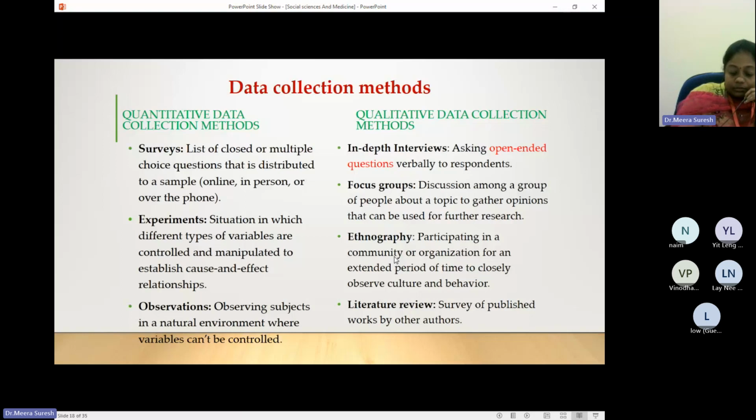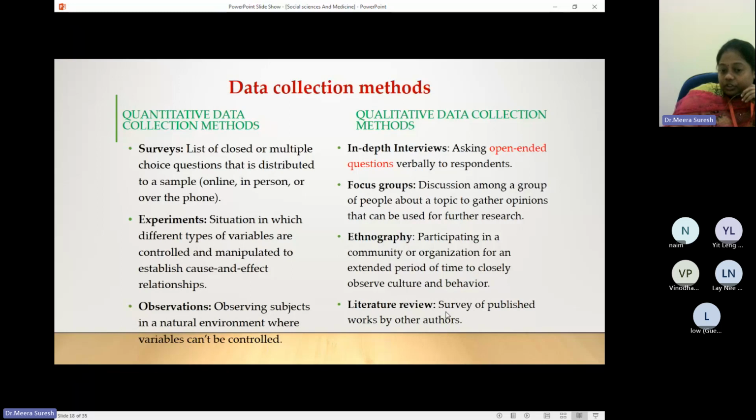When we come to the observations in quantitative, you will be just observing them, what they are doing, what they are not doing, just observing. Sometimes people may know that you are observing them. Most of the time people don't know that you are observing them, and then you collect the data. But in ethnography, you're going to live with that population for 1 week, 2 weeks, or whatever. Live according to them, what they eat, when they get up, all the cultural practices. So that will be the ethnographic method of collecting the data.